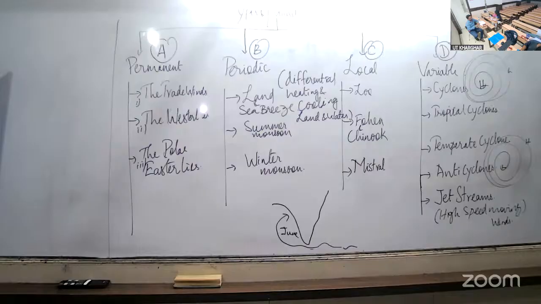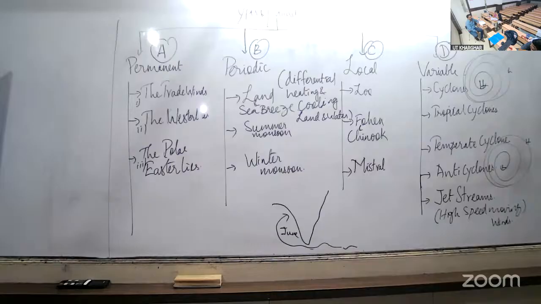If a wind blows from a tropical area, definitely it will be warm or hot. If it blows from the polar region, definitely it will be cold. But the question arises where it is blowing, for example a warm wind blowing into a cooler region.